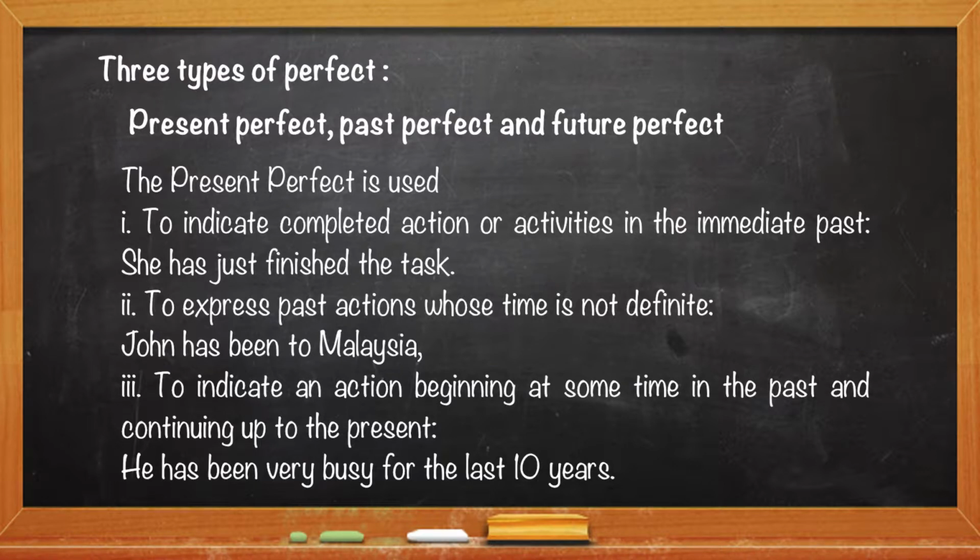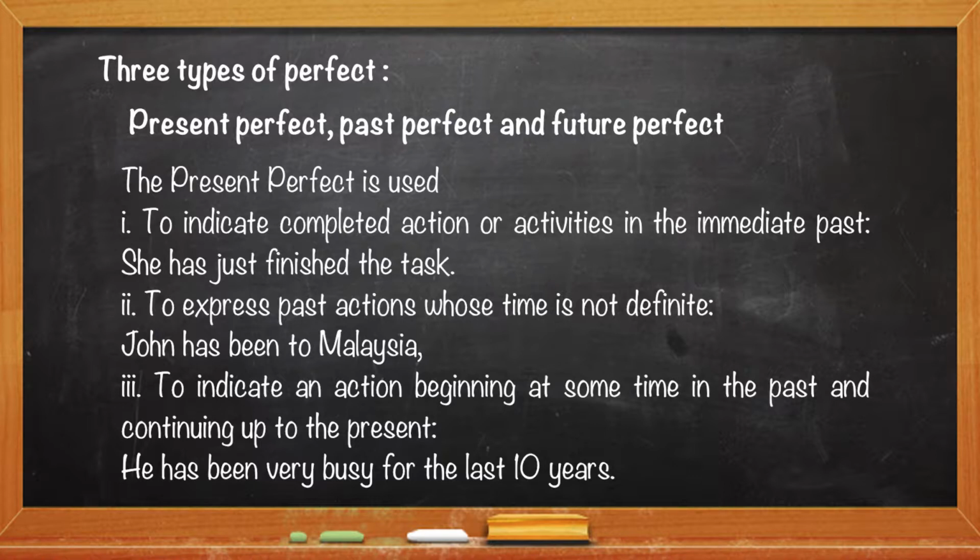Present perfect is used to indicate completed action or activities in the immediate past. She has just finished the task. She has just finished writing her assignment. That means it has happened in the present time, but is completed.